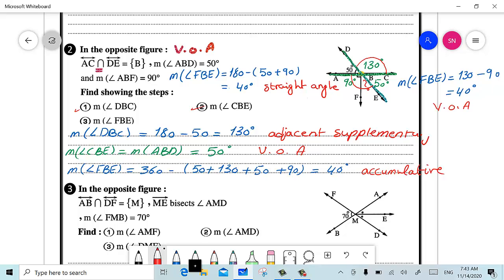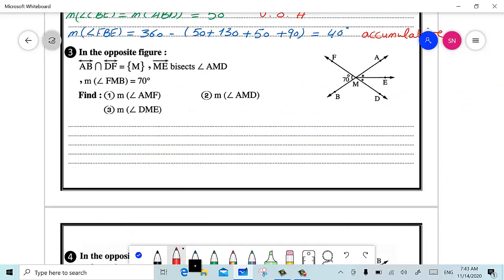And let's go now to solve our third question. In the opposite figure, and we said it's so important to read all the givens to be able to find the missing angles. He's saying that AB straight line intersects DF straight line at point M. We said that when we have an intersection between two straight lines, this means he's telling me, take care, you have here vertically opposite angles.